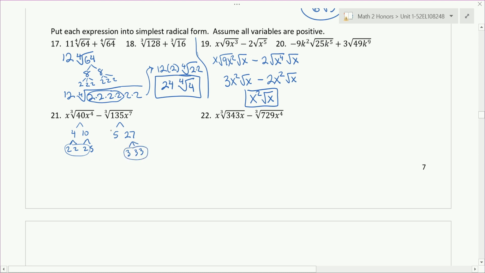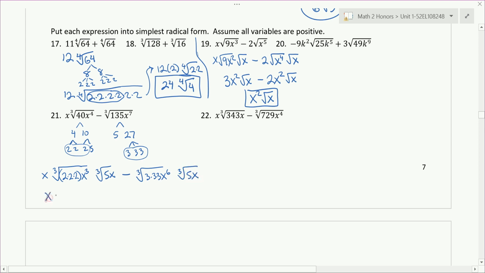And so for the first one, we have an x on the outside, cube root, I'm going to put 2 cubed here, and x to the 3rd, and we're not going to be able to get rid of the cube root of 5x, minus the cube root of 3 cubed x to the 6th. Not going to be able to get rid of a cube root of 5x.